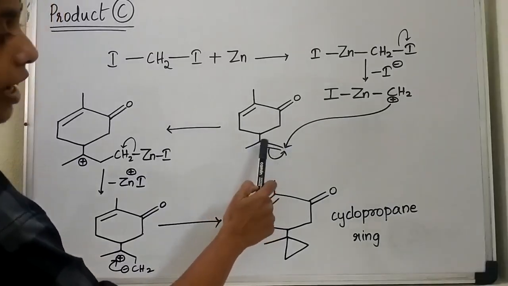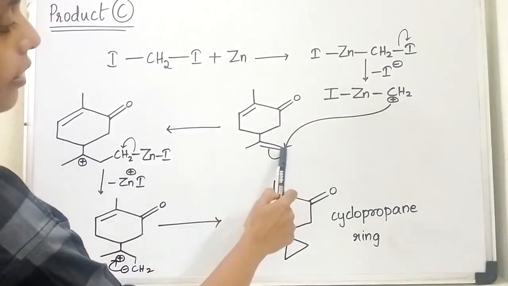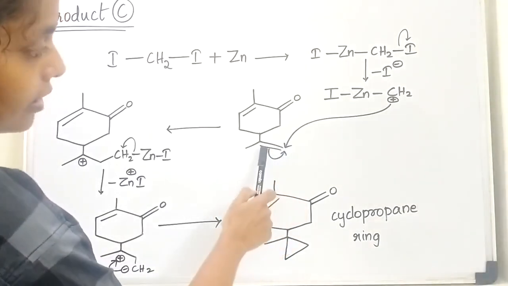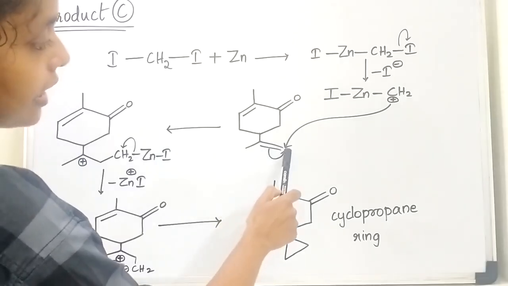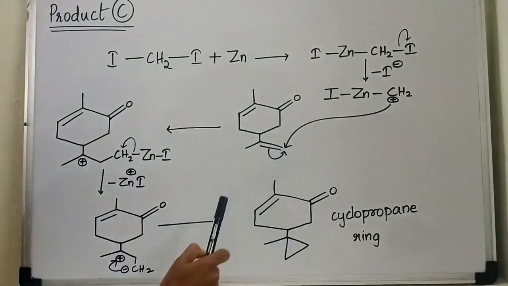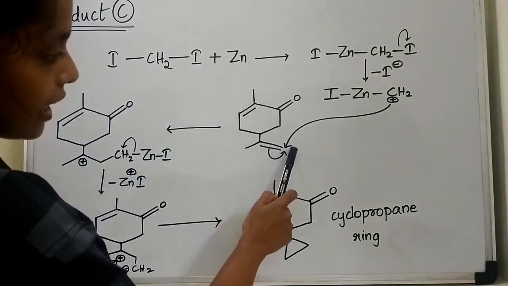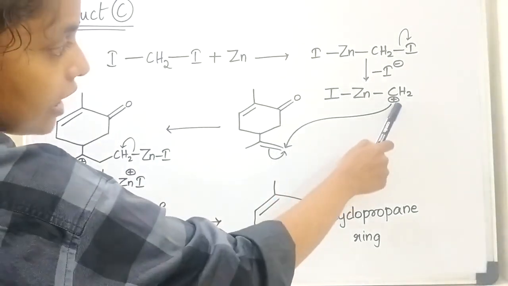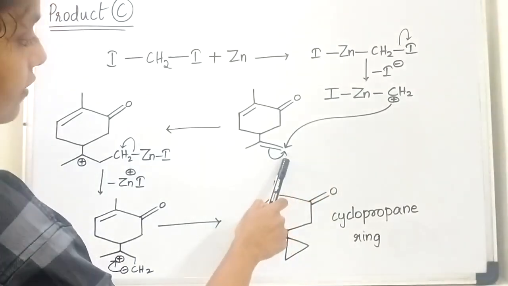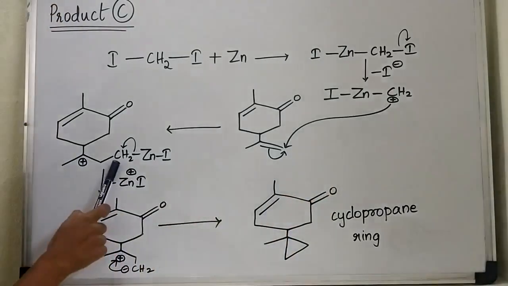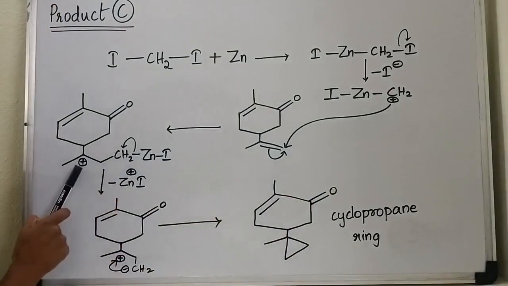We know that a tertiary carbocation is more stable than a primary carbocation. That is the reason why double bond shifting is taking place towards this carbon. Now this carbon is getting a negative charge. Then the positively charged carbon will form a bond with the negatively charged carbon, giving us this structure. Here this carbon is having a positive charge.